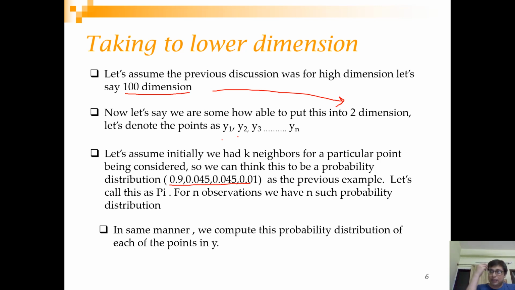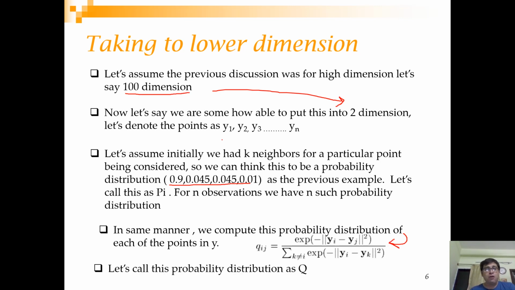We pick the lower dimension representation of the same point, then pick up the neighbor and calculate the probability, using the same Gaussian formula. Now we have another probability distribution. So we have one probability distribution corresponding to the original feature space, which we are calling P, and this we are calling Q.